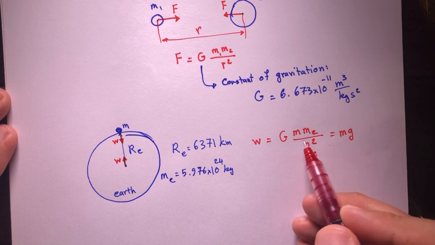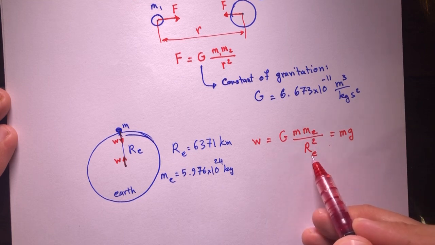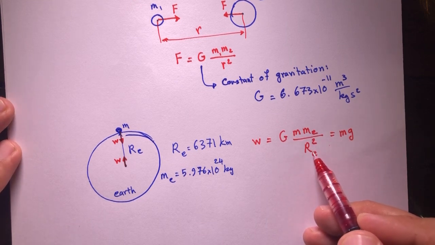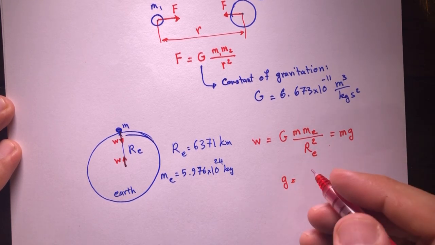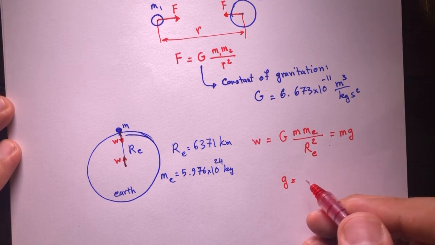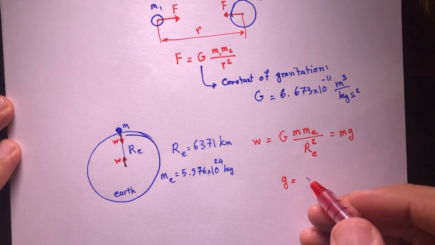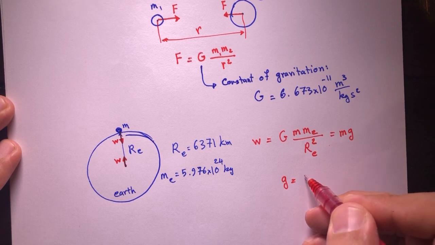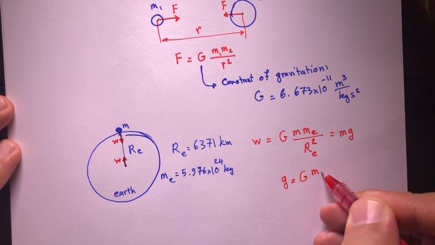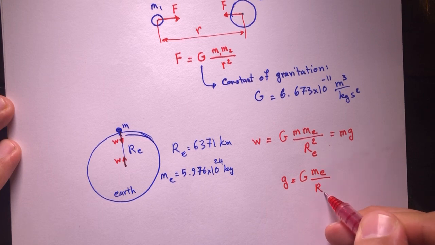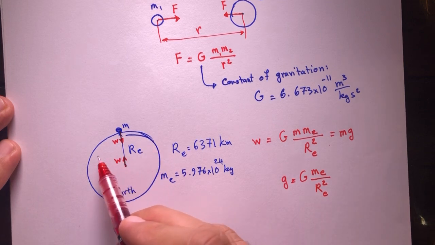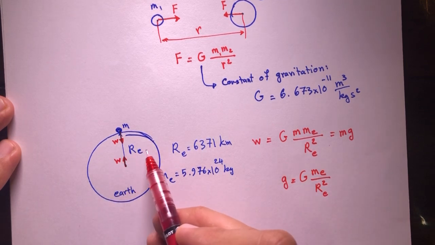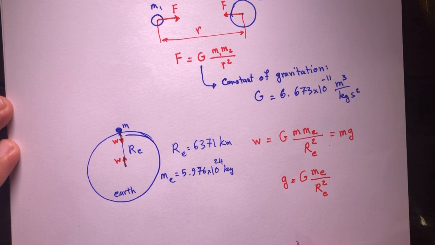Actually, this g is capital G times ME divided by the radius of the Earth squared. So g, the gravitational acceleration, we usually consider 9.81 meter per second squared. It comes from here, G times the mass of the Earth divided by the radius of the Earth squared. Because the radius of the Earth is different in different locations, g is going to be slightly different in different places of the Earth, right?